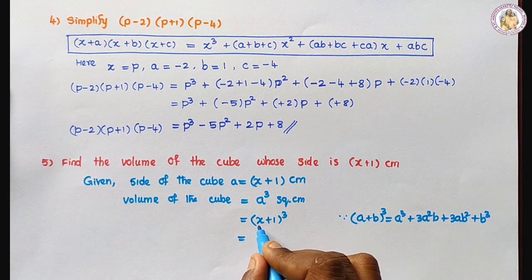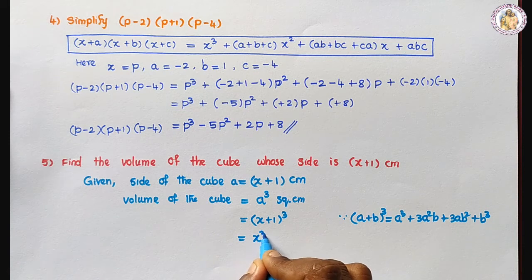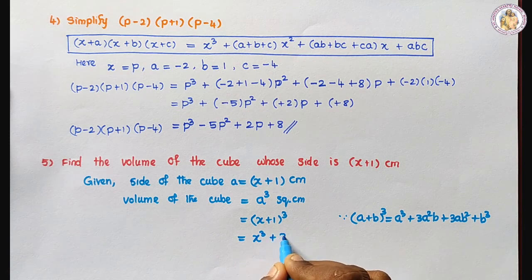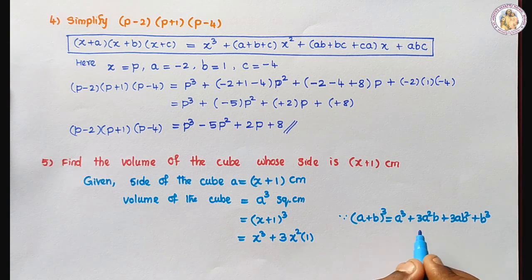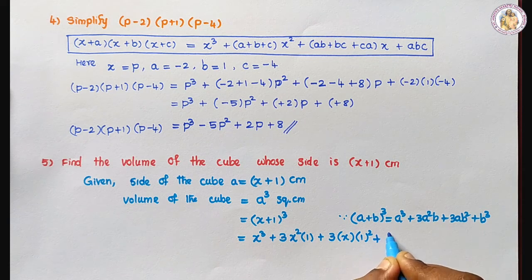Here a equal to x and b equal to 1. Now a cube, that is x cube plus 3 into a square, that is x square into 1, b, plus 3 into a, x, b square, 1 square, plus 1 cube.